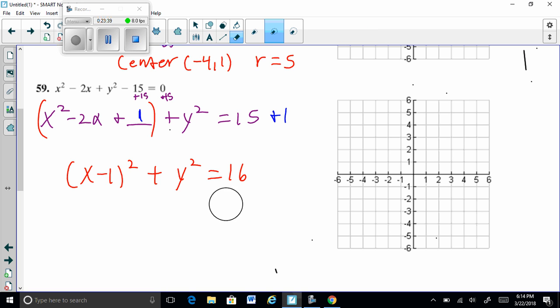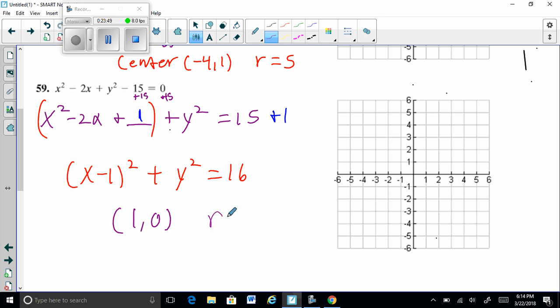So we'll go ahead and erase that. All right, so our center is going to be at +1, 0, and our radius is going to be 4. So let's see, we're going to be at 1, 0. And we'll go 4 in each direction, and then we'll go ahead and graph this.